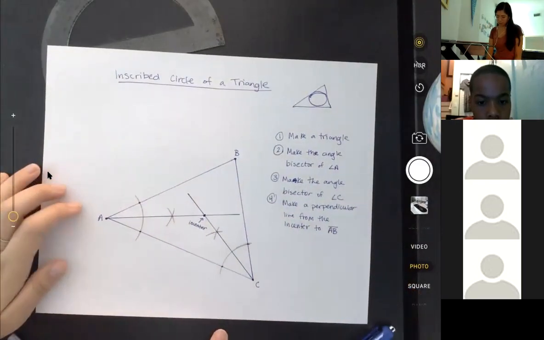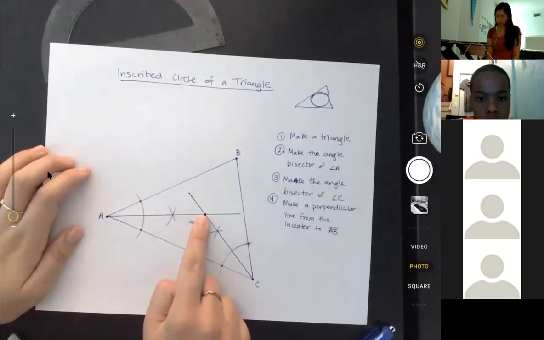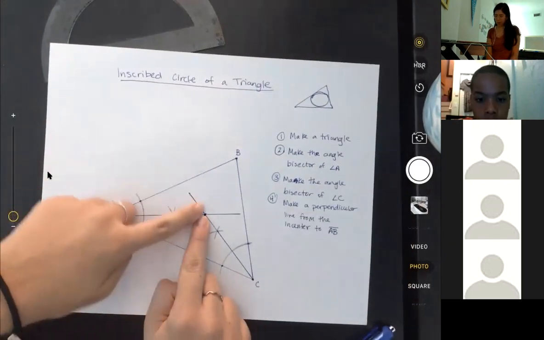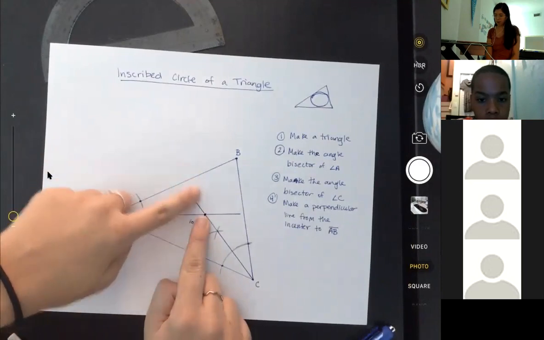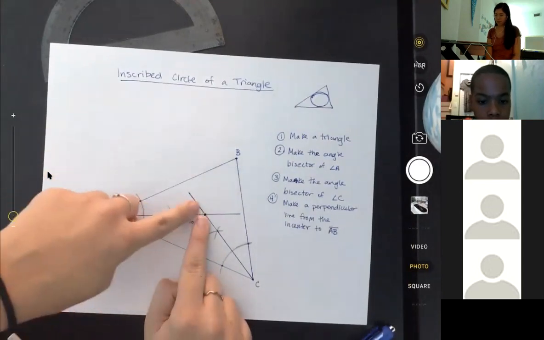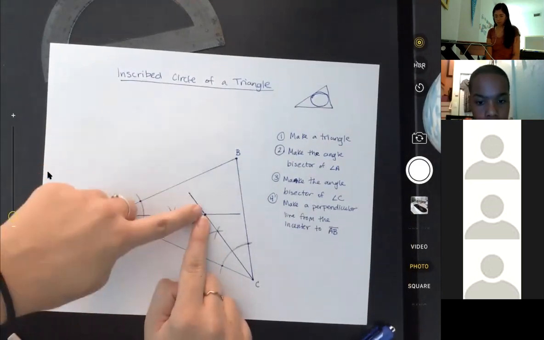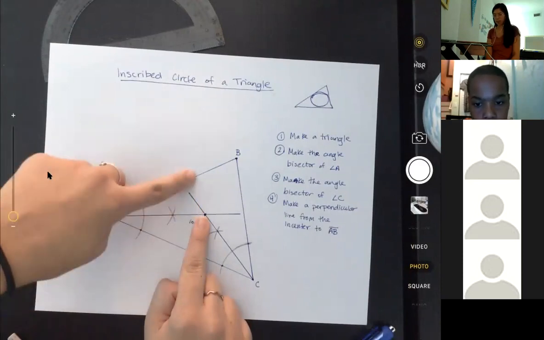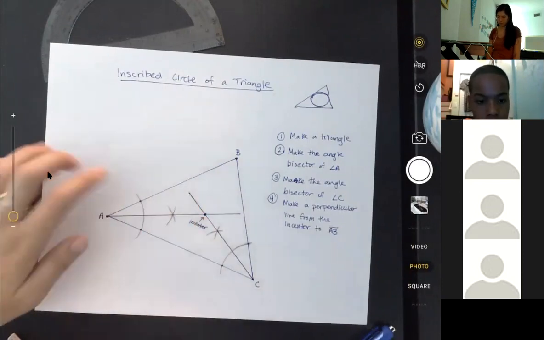So basically what I want to do is go from this in-center and make a line that goes to AB and touches AB at a 90-degree angle. So I want there to be a line, and that line is going to create a right angle. So here's how we're going to do that.